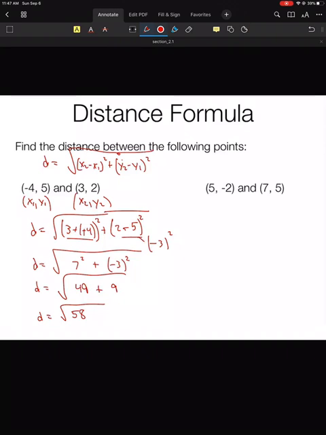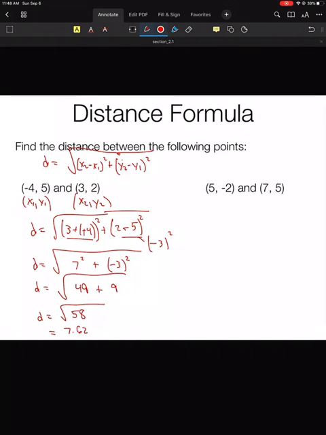So I'm looking for the square root of 58. Let me pull up a calculator first. The square root of 58 is 7.62, rounded to 2 decimal places.